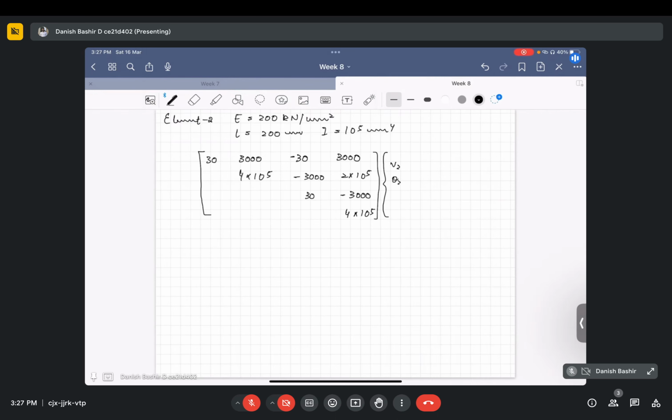V2 theta 2, V3 theta 3. So these are element 2, V3 theta 3, its nodal degrees of freedom.